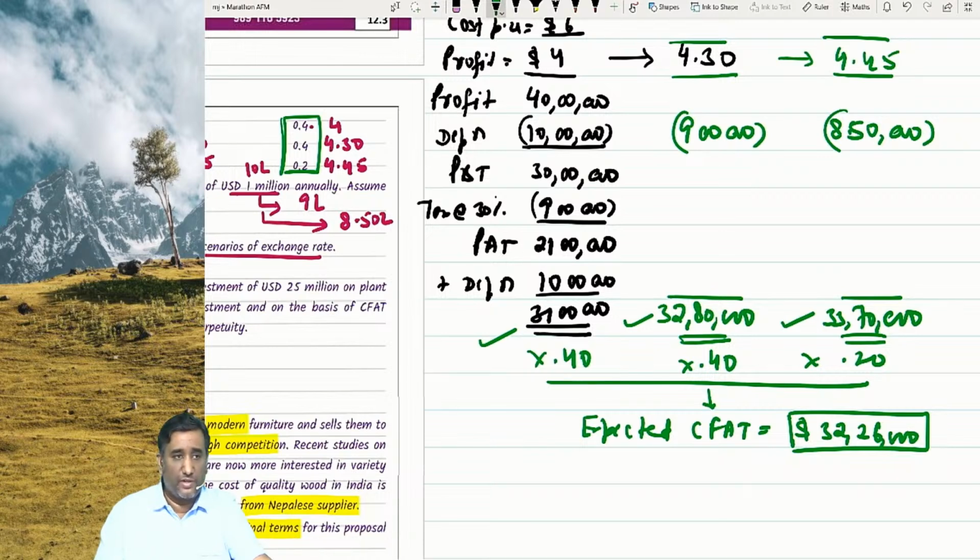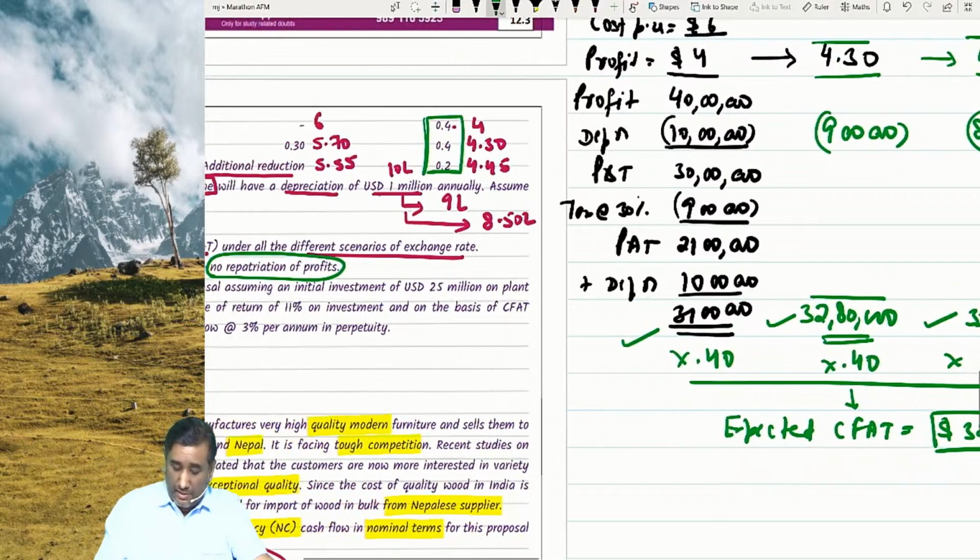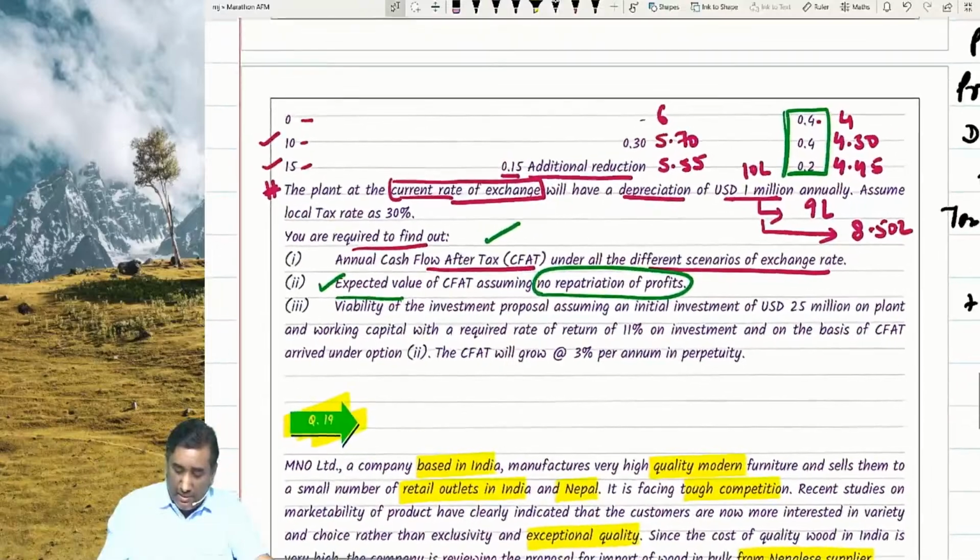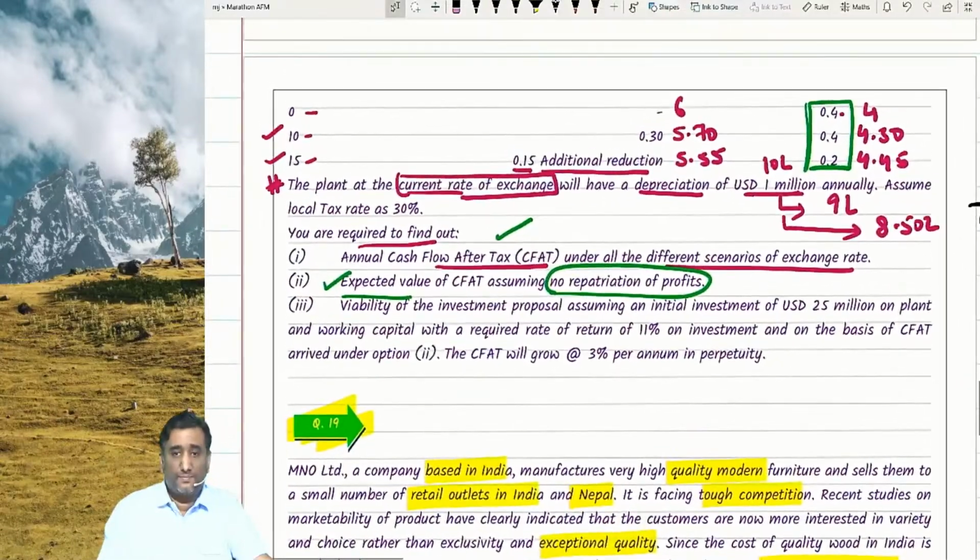Third part. Once you've done this, let me know. Done? Can I move? Yes. Now let's read what he is asking in the third part. Actually, it's capital budgeting. It's only because dollar is given that I've taken it here.